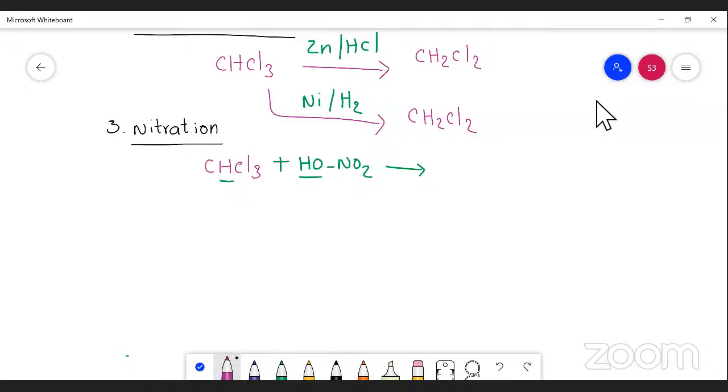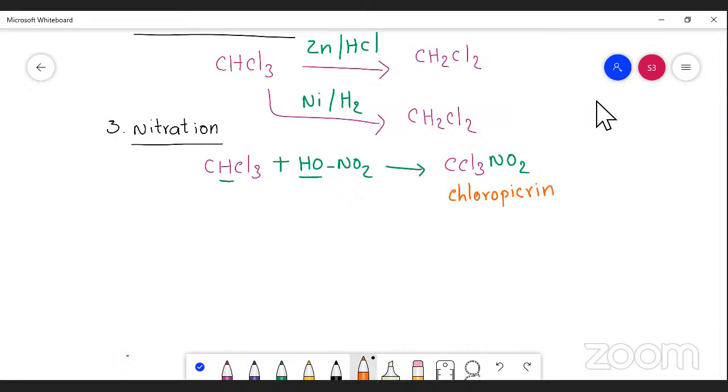Then we get CCl3 from chloroform and NO2 from nitric acid, so we get CCl3NO2. What is the name? It is chloropicrin.